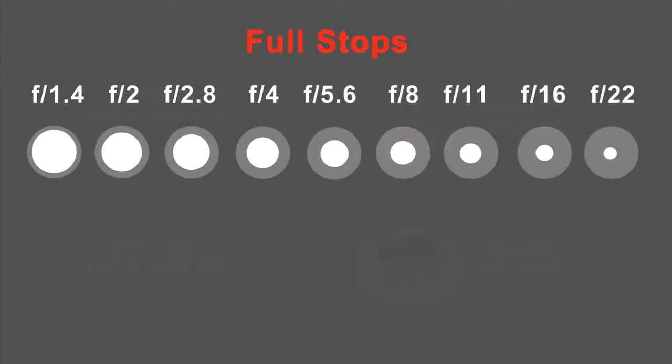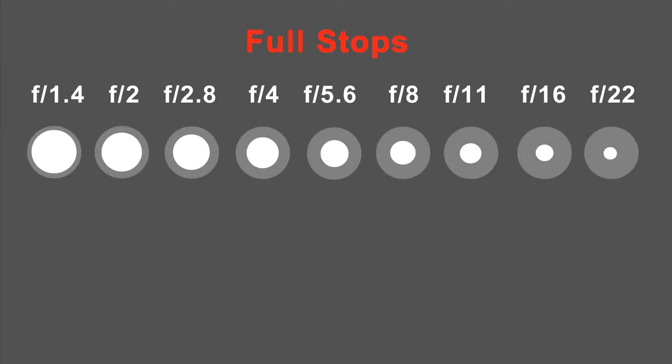Here is something I would recommend you to memorize. Those are full f-stops. You will understand later why it is so important to remember them. Once again, as you can see on the picture, the smaller the number, the bigger the opening, and the bigger the number, the smaller the opening. It is also important to remember that every previous stop lets twice as much light into the camera as the next one.